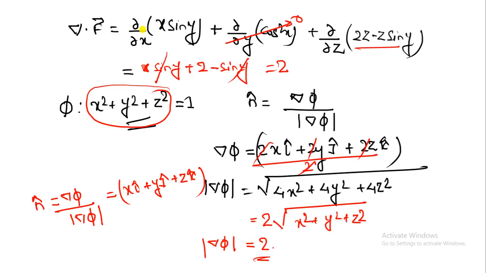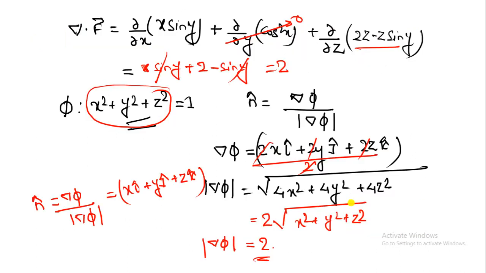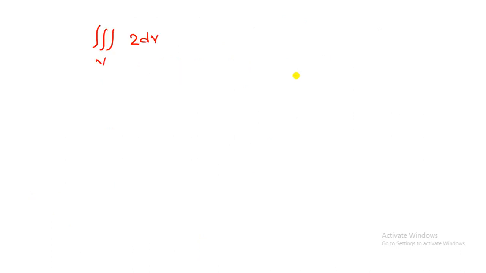Why 2 dV? As we will have to solve div F dV. What is div F? It is 2, as I have already calculated. This is equal to 2 into dV, that is dx dy dz, that is the volume of the given region, x square plus y square plus z square equals 1.